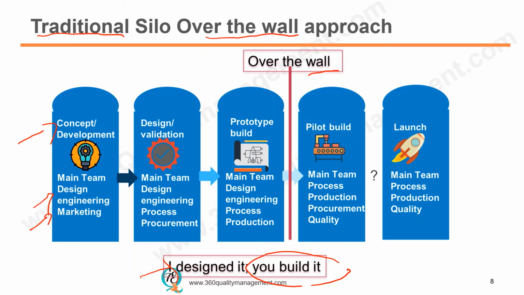During design validation very few people get involved, and also during the prototype not many people get involved, and after that they just throw it over the wall to the pilot run, where the main teams, production, procurement, and quality, start to get involved. And during launch, this is where these teams have a problem and the design team has already washed their hands.